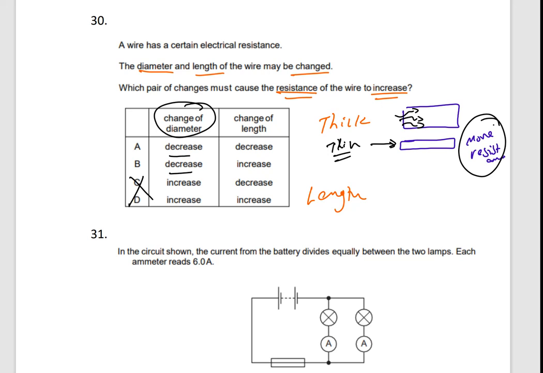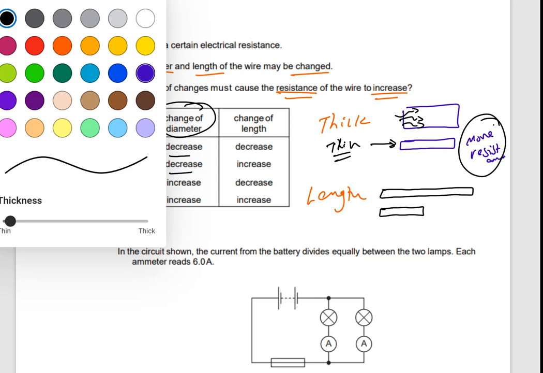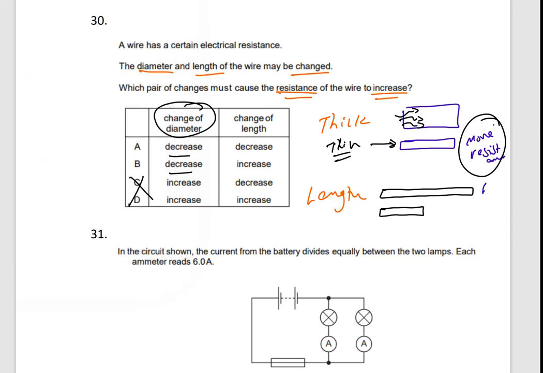And then with regards to length, let's imagine a thin wire with a greater length and another one with a shorter length. Then the wire with greater length has more resistance. Why? Because the charges have to cross over a large length.